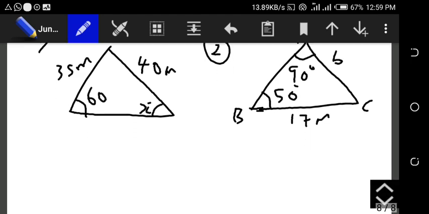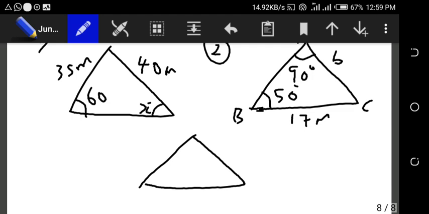Then let's look at this one as well, number 3 now. If we have a case of 70 and 60 degrees, and then we have one side given, let's say here 50 meters.